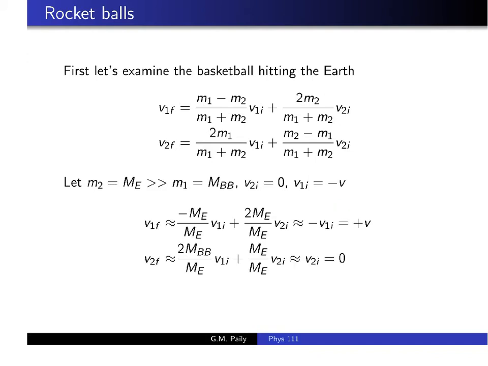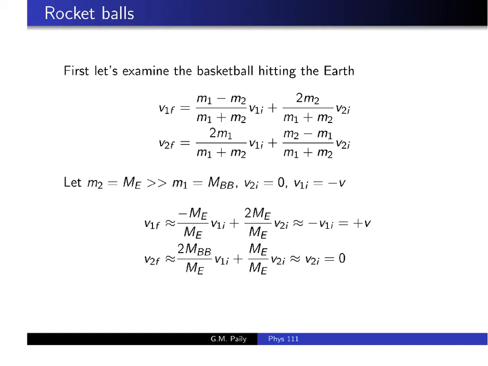Applying the same kind of simplifications, we see that this term disappears because v2 initial is 0. And this term simplifies to negative M e over M e times v1 initial, which becomes minus v1 initial, which becomes positive v. The two minus signs cancel out.